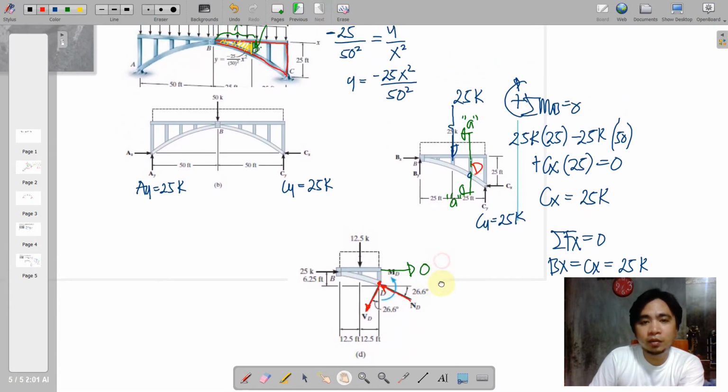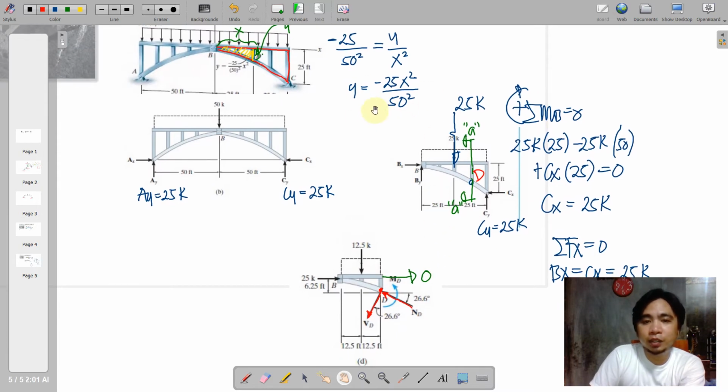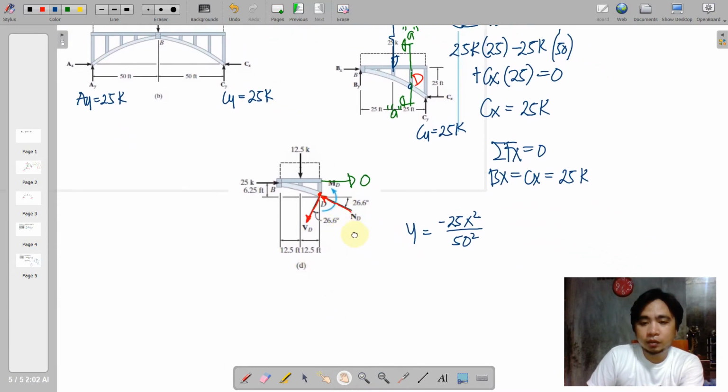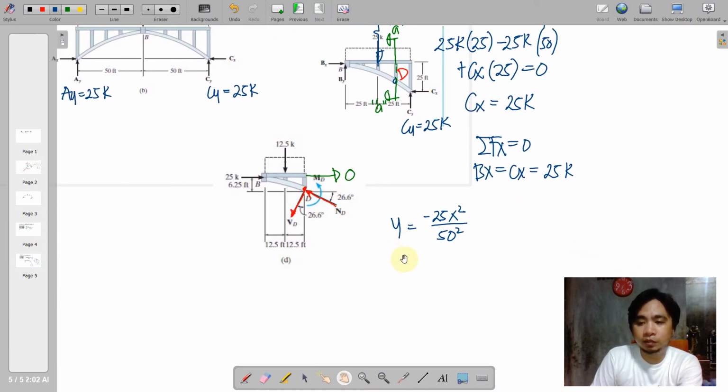And recall that our equation is this one: y is equal to negative 25x squared all over 50 squared. So why do we need the y equation? Because the y equation can be derived so that we can have the slope. Remember that the derivative of y with respect to x is the slope, or tangent theta. That is rise over run, or vertical over horizontal.